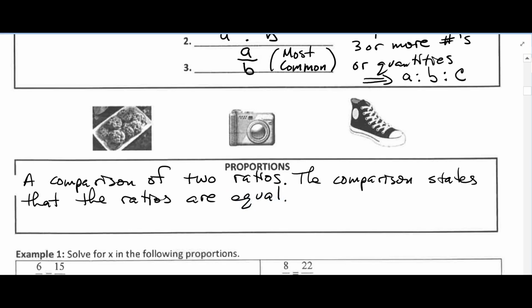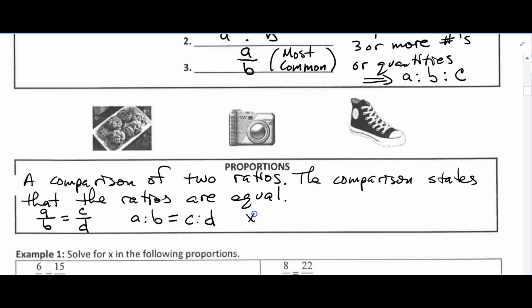Alright, so some ways that we can write proportions. You probably have seen proportions written in fractional form, so I could have A over B is equal to C over D, or sometimes we'll say A is to B as C is to D, or we may see it in colon form. A is to B as C is to D.